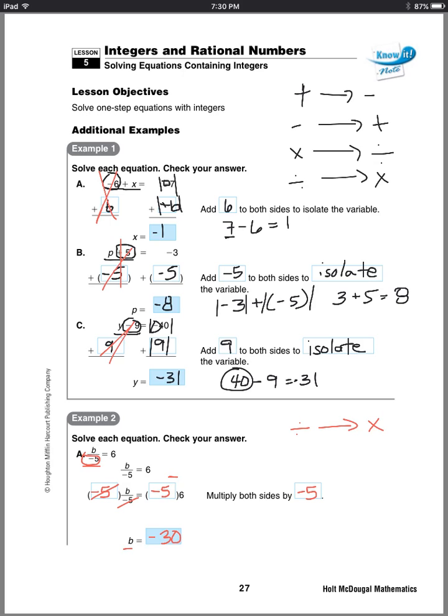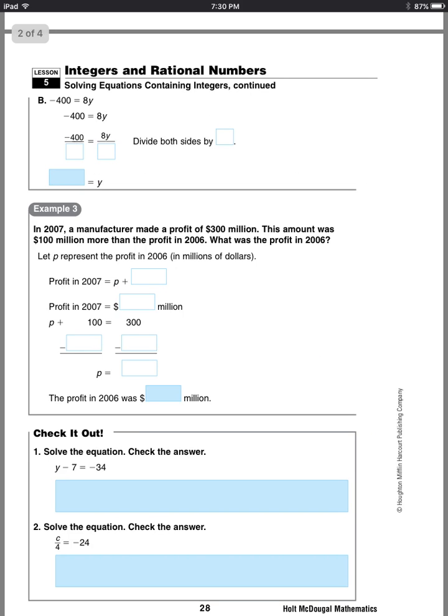On this one, we have an 8 and a y right next to each other. The 8 is the coefficient and the y is the variable. Whenever we have a coefficient such as 8, it means it's multiplying itself by the variable. So the opposite of multiplication is division. Okay, so we need to divide both sides by the coefficient. So we divide both sides by 8.